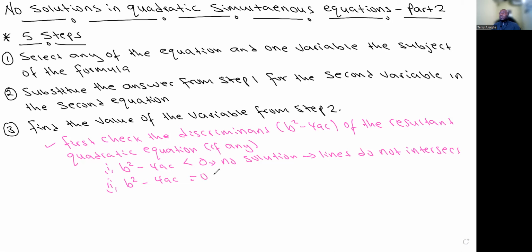The next one is when it's equal to 0. It means that there is only one solution. With one solution, it means that the lines are tangent, or they just meet at one point.